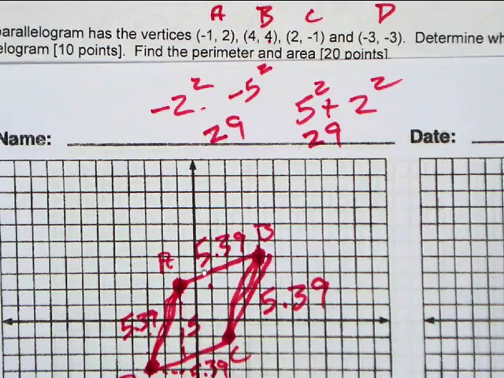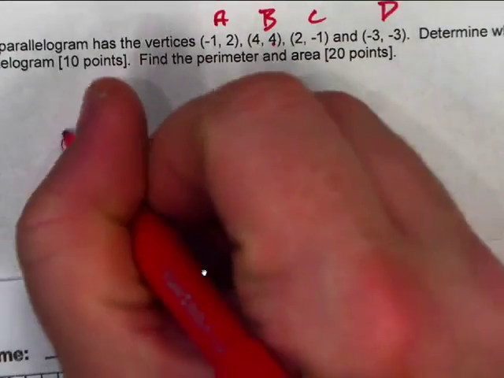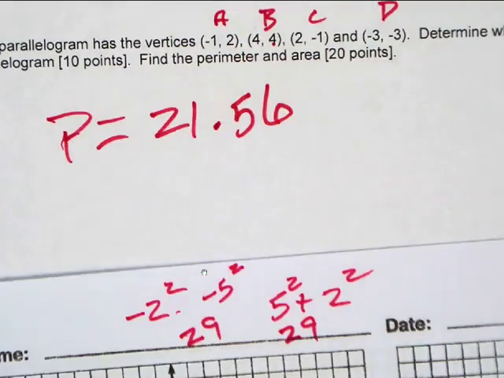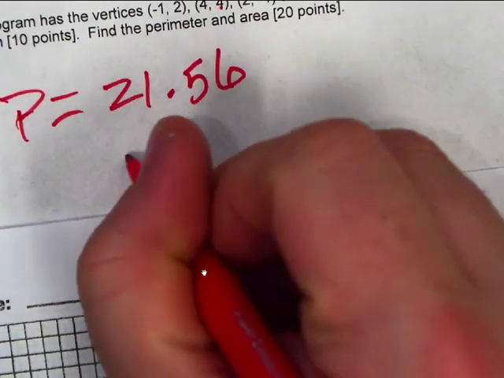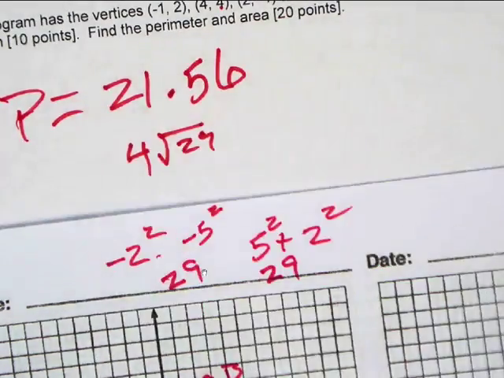All 4 sides are 5.39. So 5.39 times 4, and we see the perimeter is 21.56. Or if you keep the square root, you would end up with 4 square root of 29. Those are pretty much the same thing.